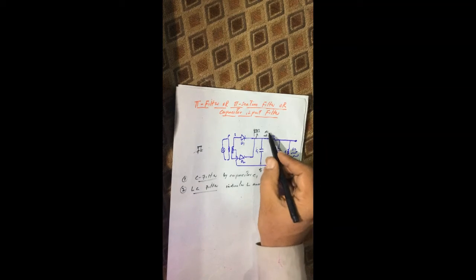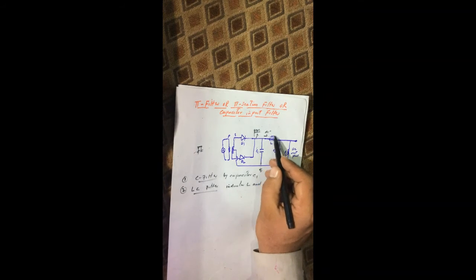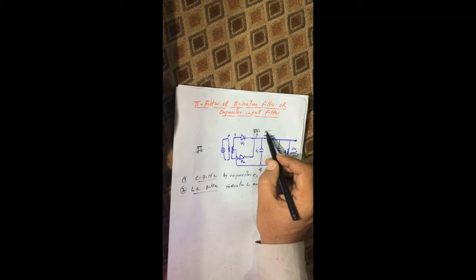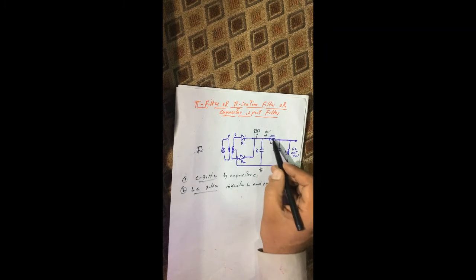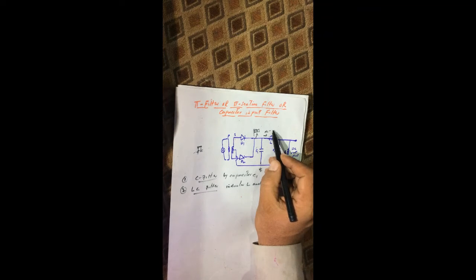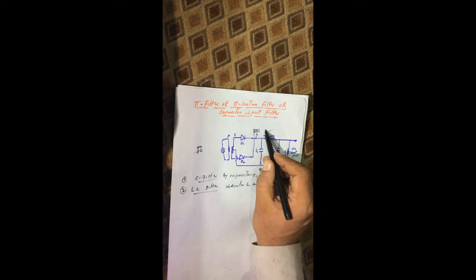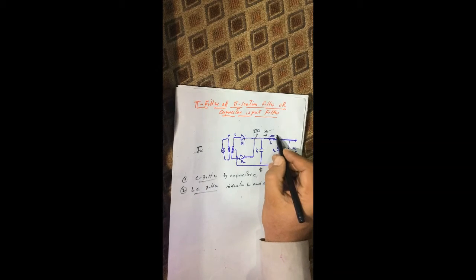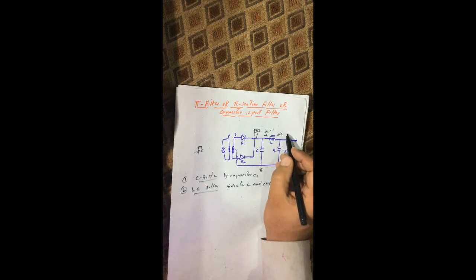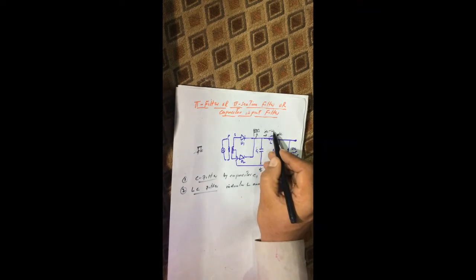Now there might be a small part of AC current left with this DC. So once we pass that small component of AC with this DC, then this inductor blocks the small component of AC and allows DC. So here we have DC with a much smaller component of AC.